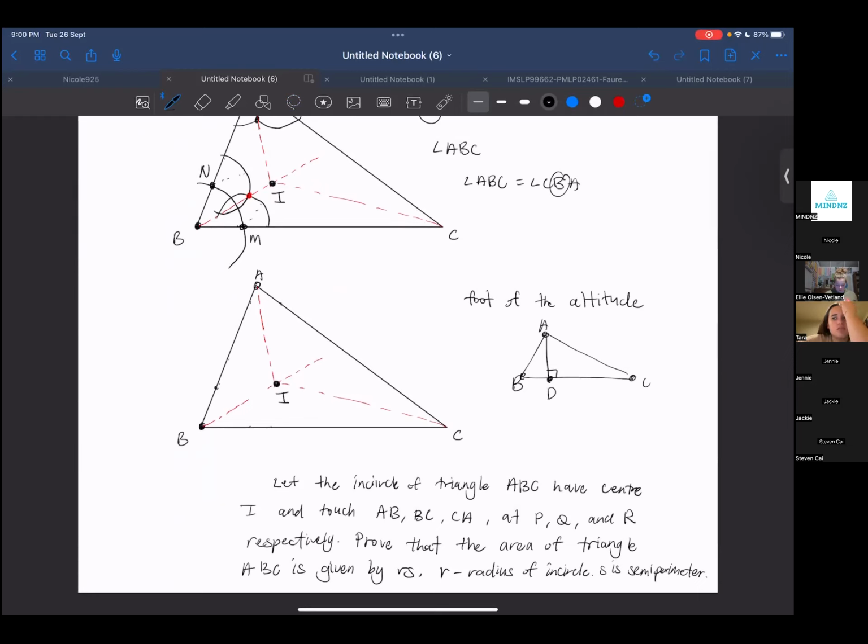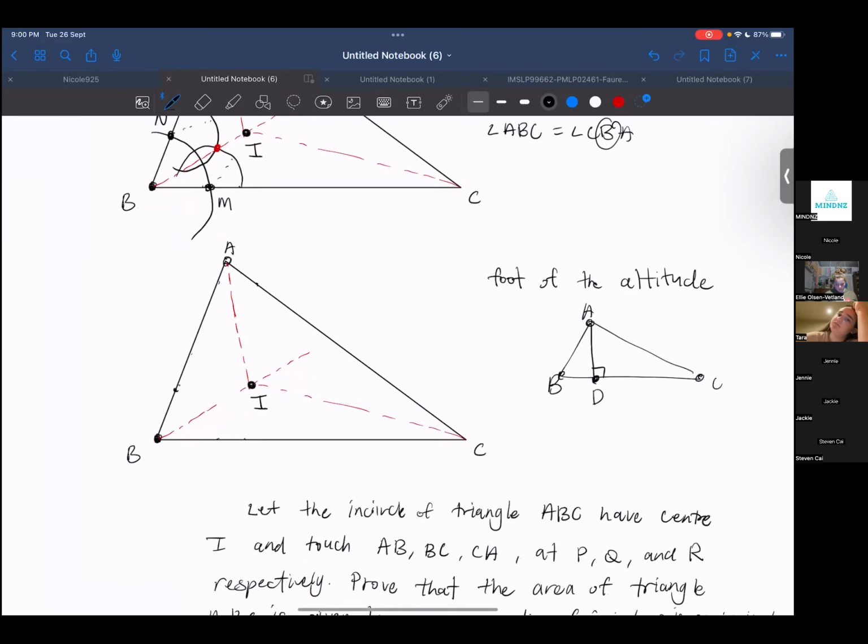But yeah, what we want to do is drop the foot from I to all of the triangle sides. So we take the point from here that goes onto AB and forms a right angle. Let's call that D. We drop it again.